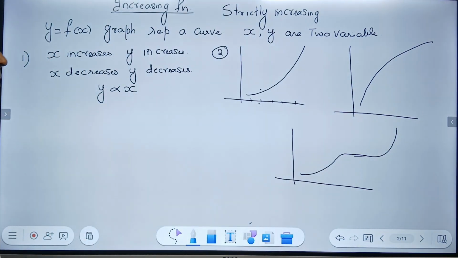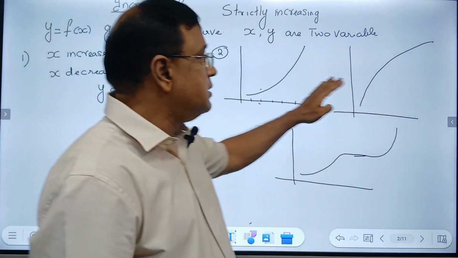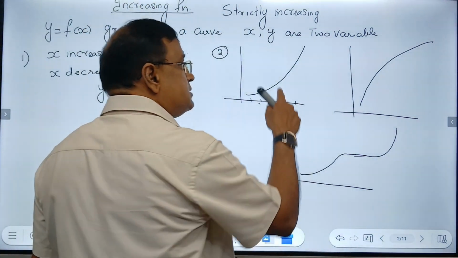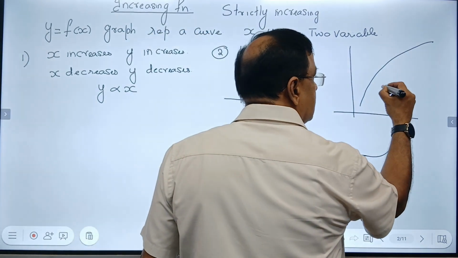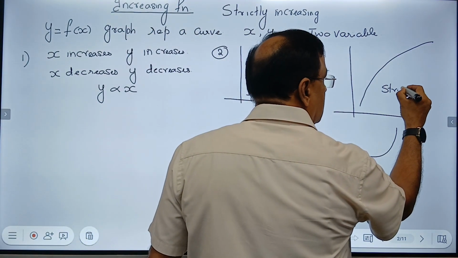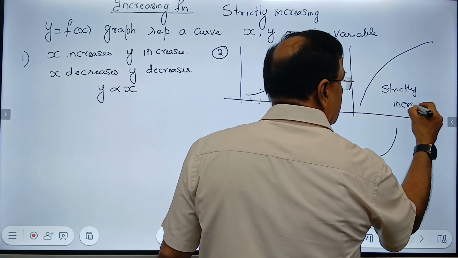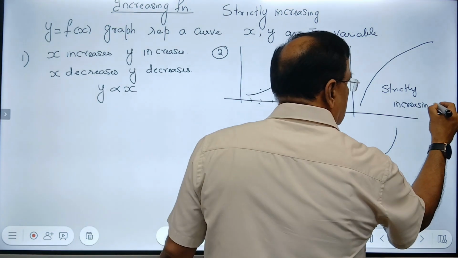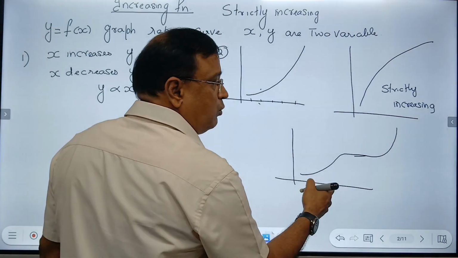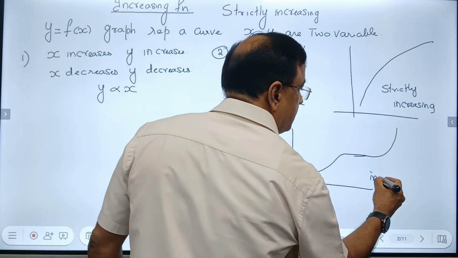Now what is the difference between these curves? I will categorize the first and second as strictly increasing, whereas I categorize the third one as increasing.